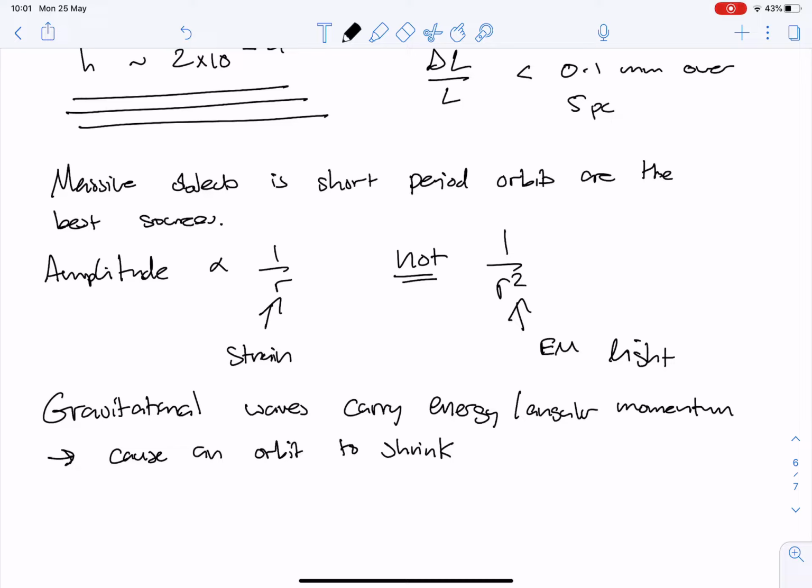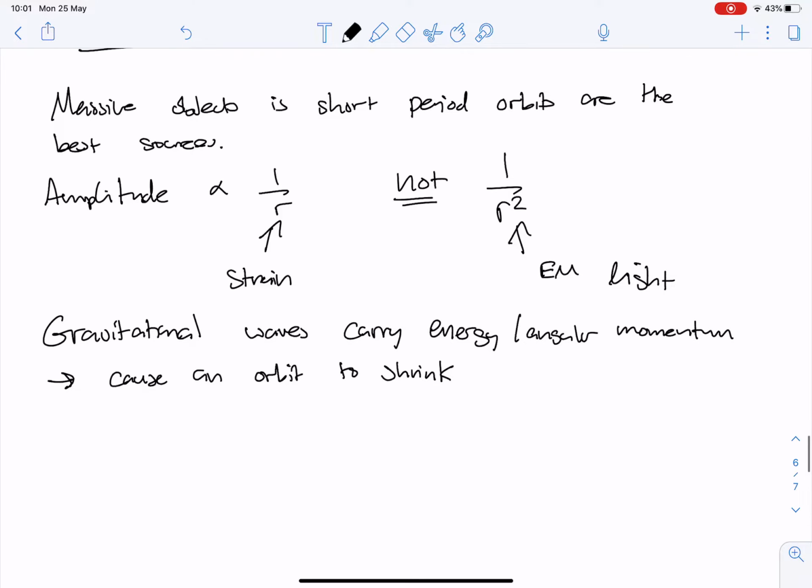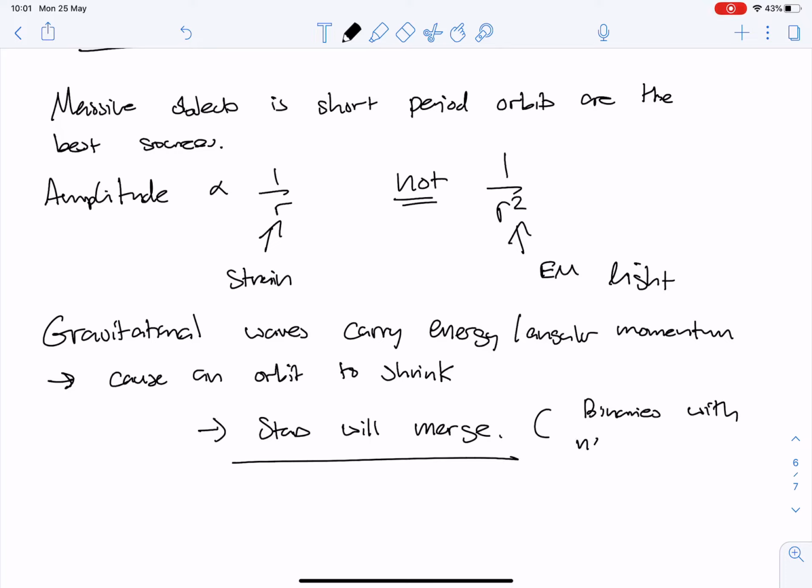What that in essence means is that as a binary star, or even the Earth around the Sun, goes on, it loses energy in gravitational waves and will eventually merge. And the timescale for that for the Earth around the Sun is some ridiculous number of Hubble times. But for two black holes at a close separation, it can actually be quite small. So stars will therefore merge. In particular, binaries with neutron stars and black holes.